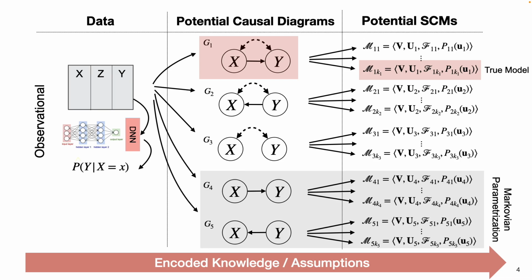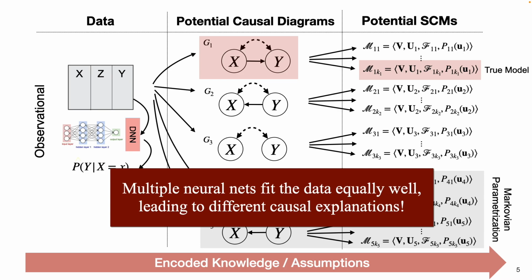So when you fit, you can fit multiple neural networks. The parameterization of the neural network in the end is not going to correspond to the true data generating model. It's going to be a good approximator of the observational distribution.